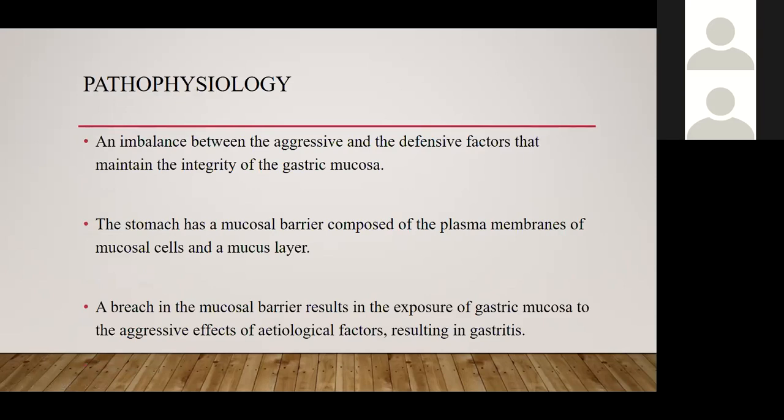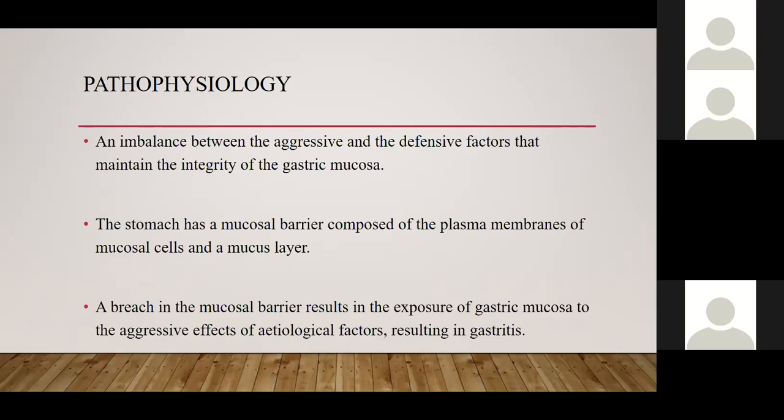How does this come about? The stomach is supposed to have defensive factors like the mucus producing cells, so that the integrity of the mucosa is protected. If this barrier is broken, then you are going to have challenges. Once you have an imbalance between aggressive and defensive factors, you are going to have an issue in maintaining the integrity of the GI mucosa.